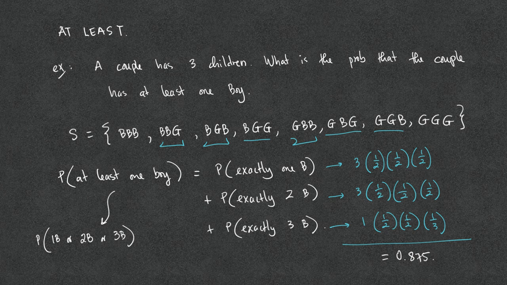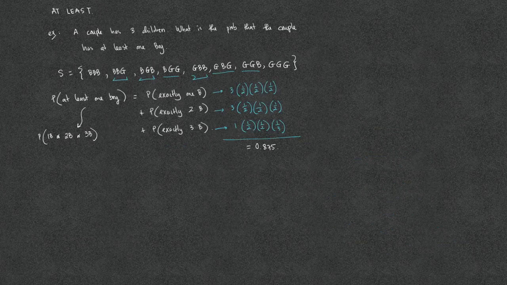A shorter way is to use the complement. If a couple has 3 children, then if we were to let x be the number of boys, the sample space is either 0, 1, 2, or 3. They either have 0 boys, or 1 boy, or 2 boys, or 3 boys.